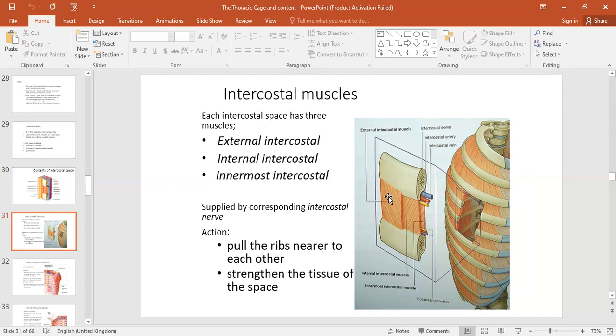In terms of contraction, skeletal muscles pull towards the origin. So when the muscle fibers contract, they pull the attachment towards the origin, which we will determine in a few minutes.